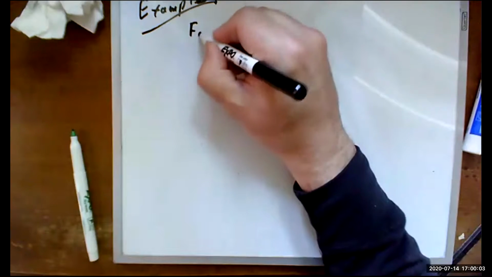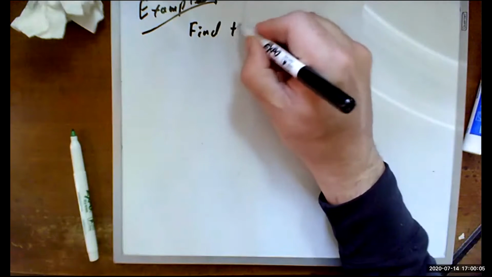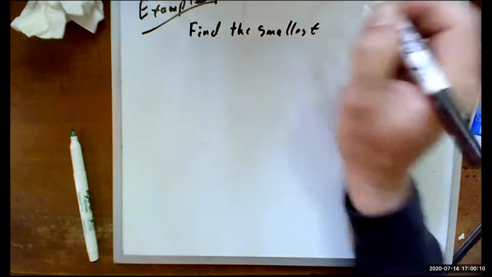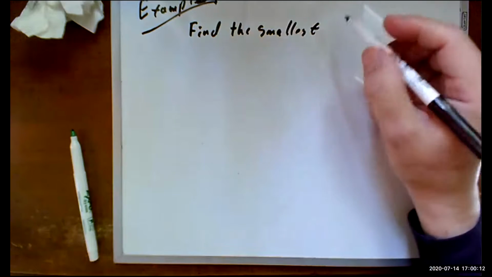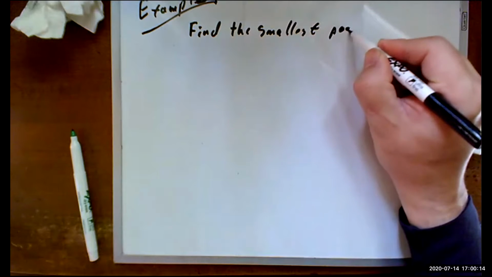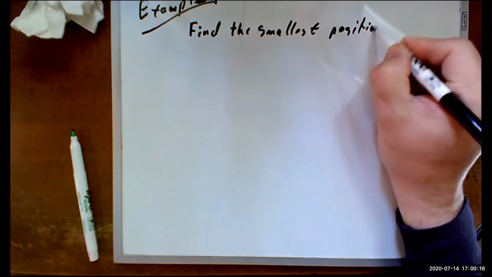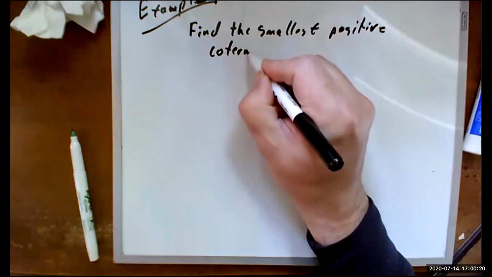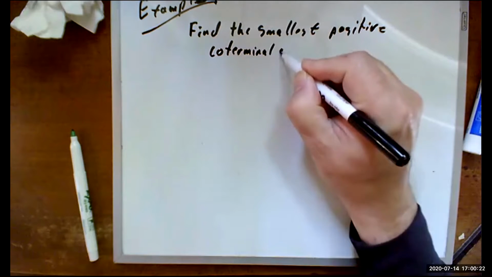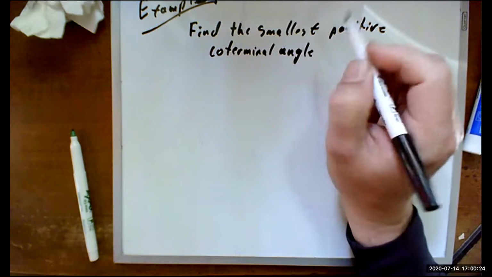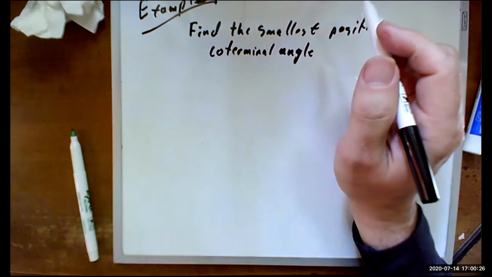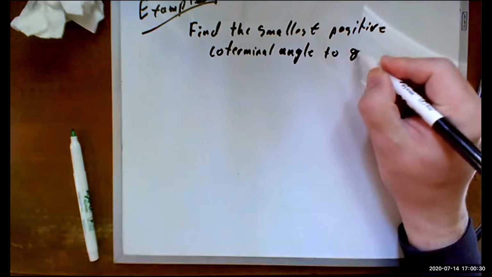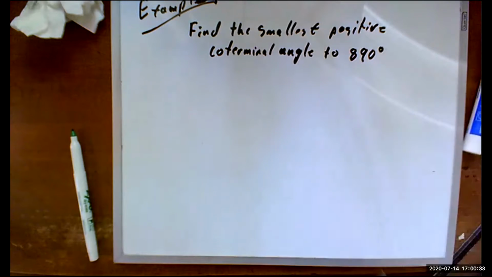We want to find the smallest positive coterminal angle to 890 degrees.